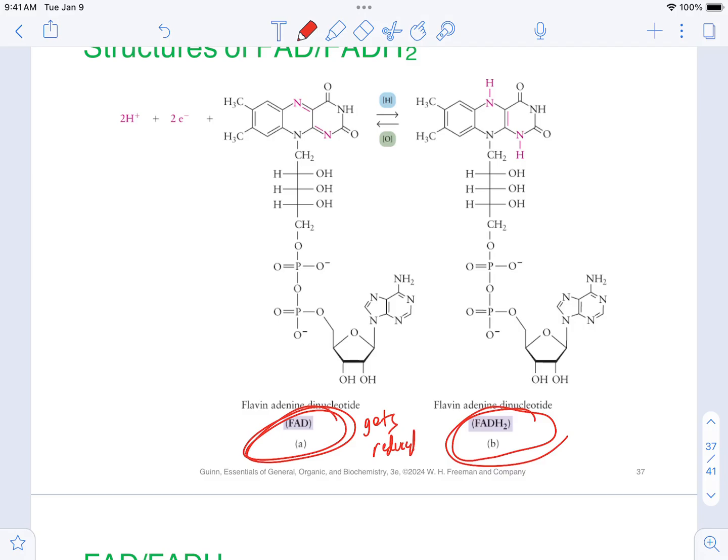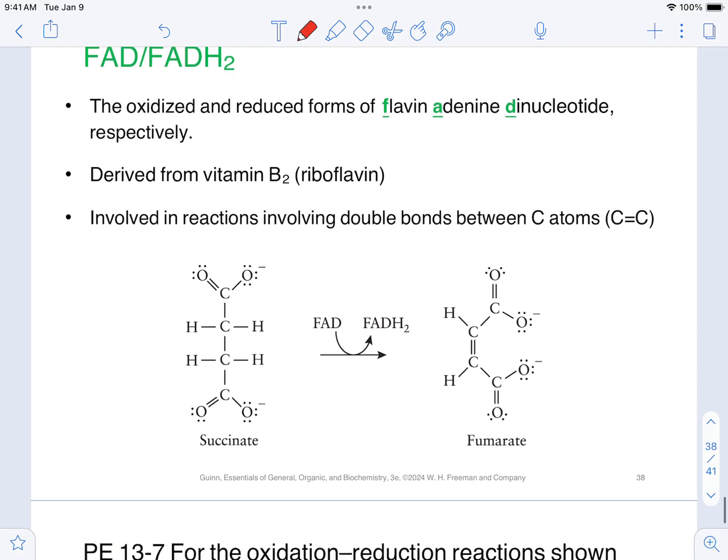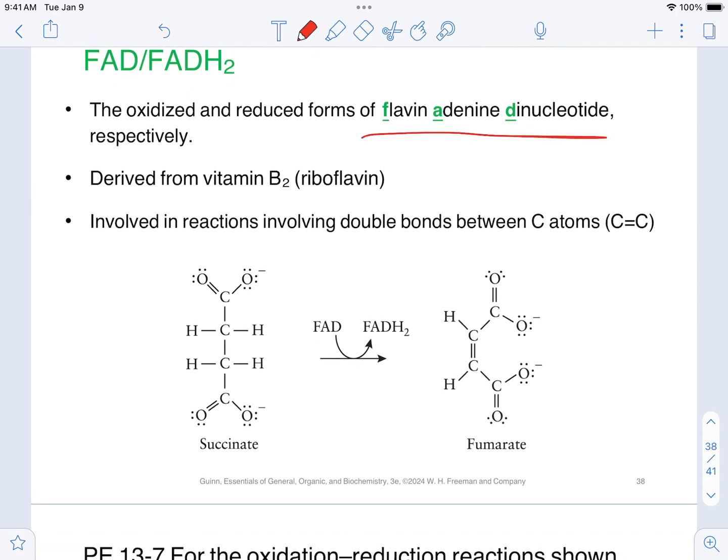Again, it's gaining H's, which would mean the organic substance itself is going to be oxidized. So that is what the FAD stands for. And again, it's carbon-carbon double bonds. Right here, that is being reduced.